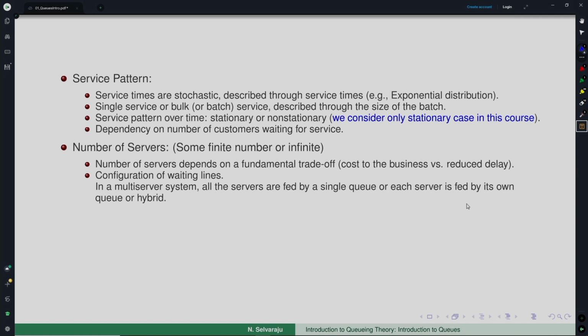Say, for example, when all servers are fed by a single queue, you can think about a salon where many people will be waiting, and suppose there are 5 hairstylists. Parallel servers means they are in some sense a homogeneous group of servers, meaning everyone can do all the work that is supposed to be done in that salon.